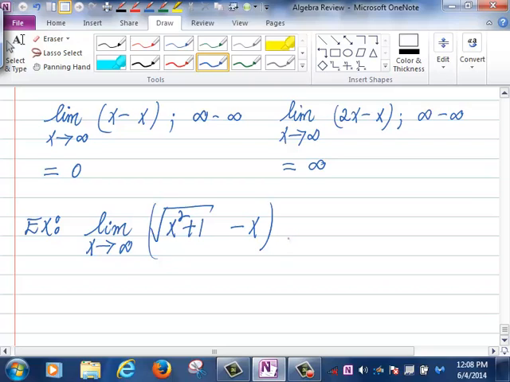Now, what's the limit of the first summand? What's the limit of root of x squared plus 1? Infinity, right? And what's the limit of x? Infinity, right? I have infinity minus infinity. However, what should be the limit of the difference?